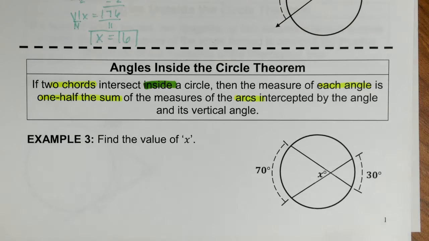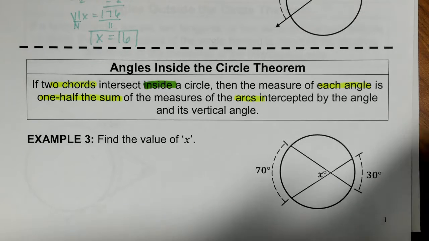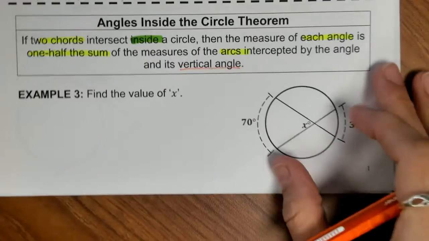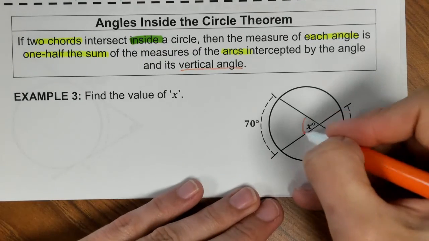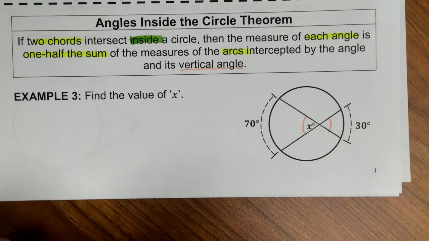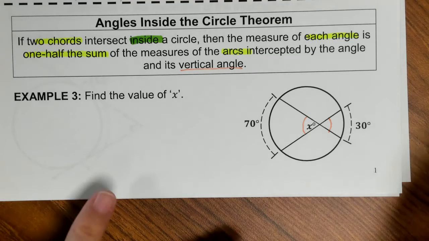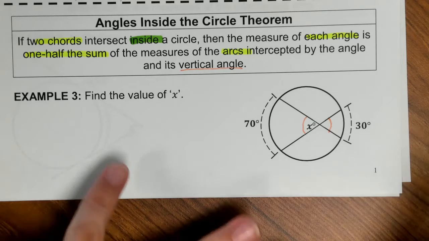We also need to realize that these 2 angles inside are going to be vertical angles. So that's automatically going to tell you that both of these angles are going to be congruent. So the easy way to look at this formula is 1/2 the sum of the measure of the arcs.